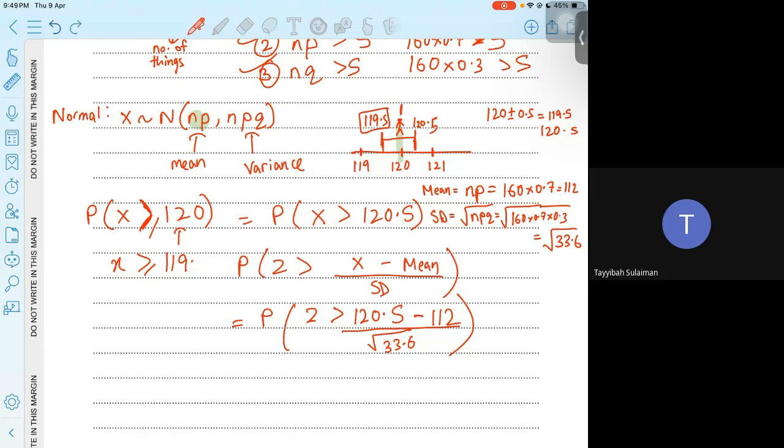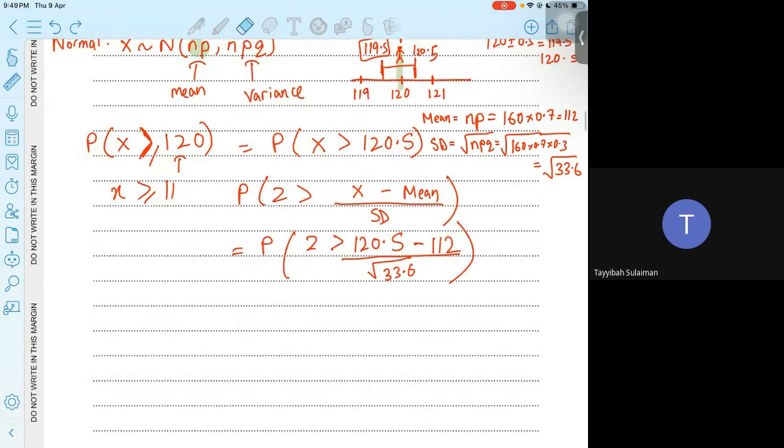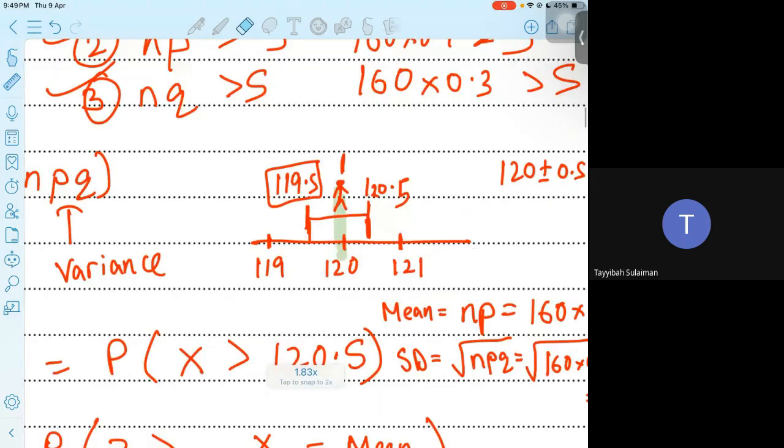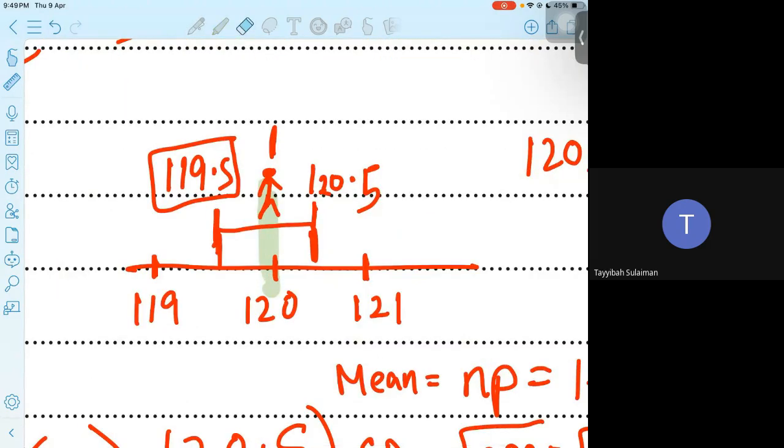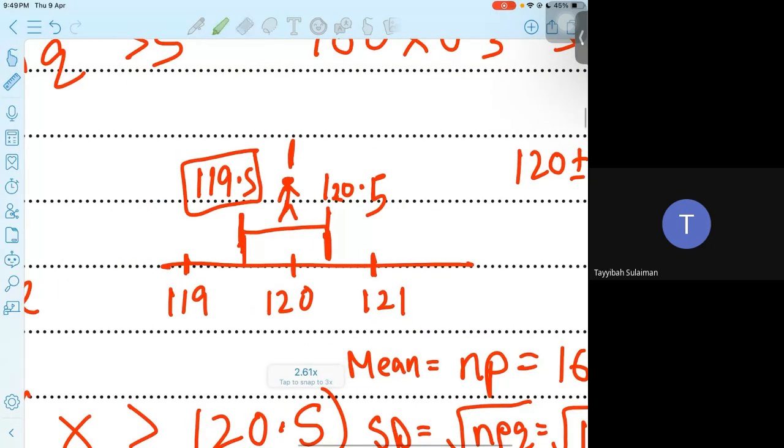Let me just rephrase this. We still have two options, right? Think about it from this point. I'm standing here and I can either choose 120.5 or I can choose 119.5. The question requires a value of x that is more than and equal to 120, so this equal to is part of it.